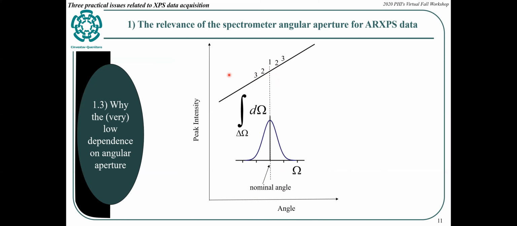Then if you average these two values, they average to this point. So you're just adding counts here. If you open your spectrometer even more to get data for this angle and for this angle, they add and they average to this value. So by opening the angular aperture, you're just getting more counts, giving you the same value.